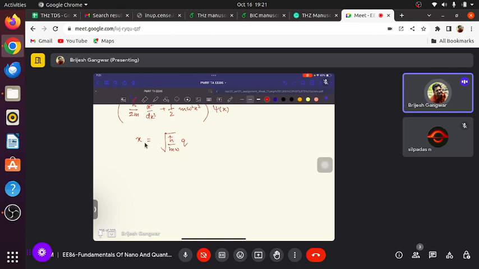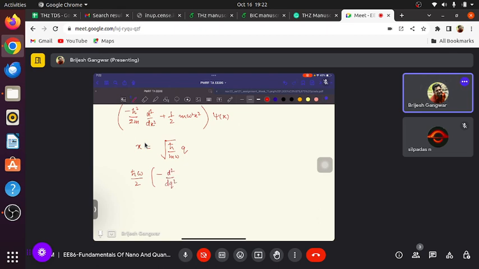This is the generalized coordinate. So the Schrodinger equation for this oscillator becomes h cross omega over 2 times minus d squared by dq squared plus q squared, acting on psi of q, equal to E psi of q.